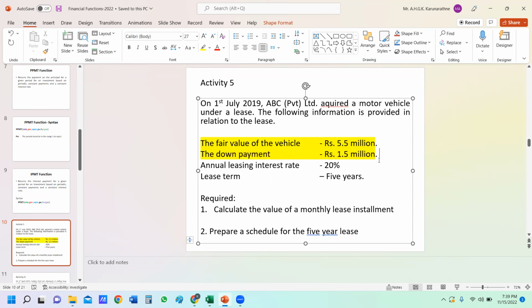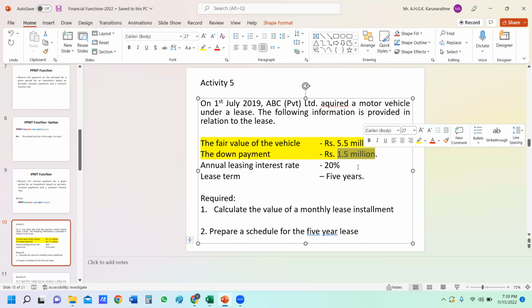So accordingly, the amount financed is the difference that you all know. Asset value of 5.5 million, amount you put from your equity funds 1.5 million. The balance amount financed by way of lease arrangement is 4 million. Right? So accordingly, that is the loan amount.